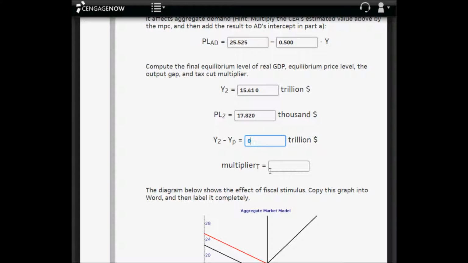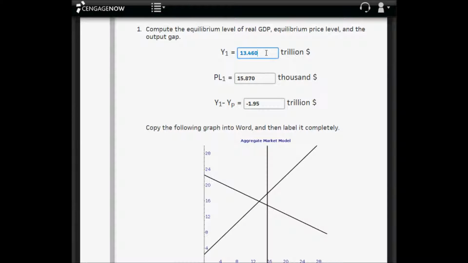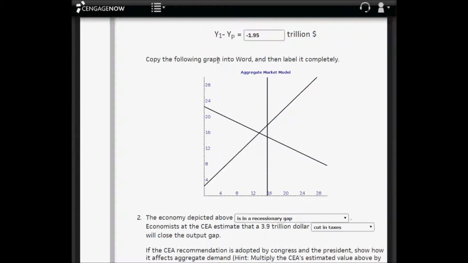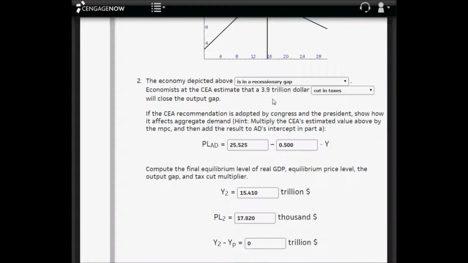The multiplier is the increase in GDP. Final GDP is $15.41 trillion. GDP was 13.46. So we take the increase in GDP and divide that by the size of the tax cut, which is $3.9 trillion.